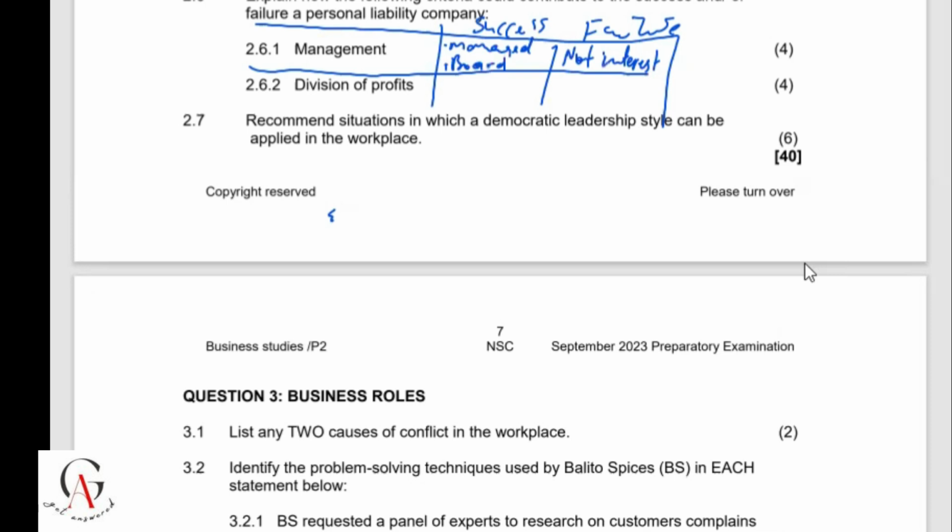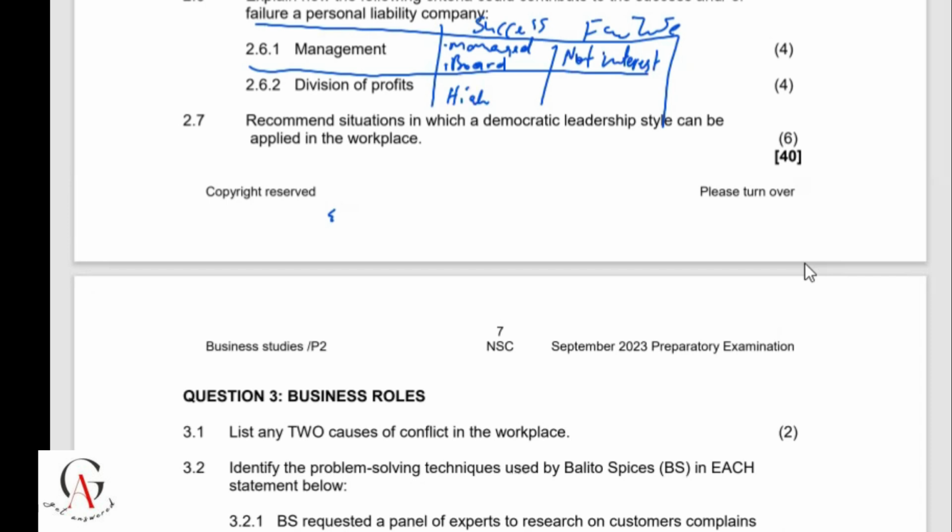So now let's check out the division of profits. So now in this regard, under the success, we actually check that high profits and good returns to shareholders indicate the success of a company, which increases the value of shares.